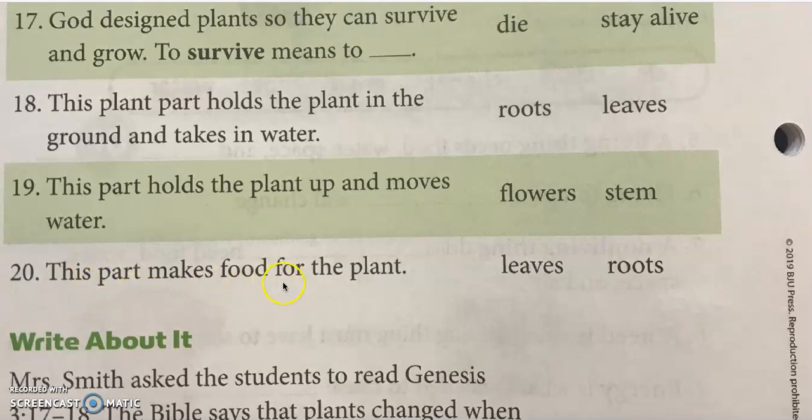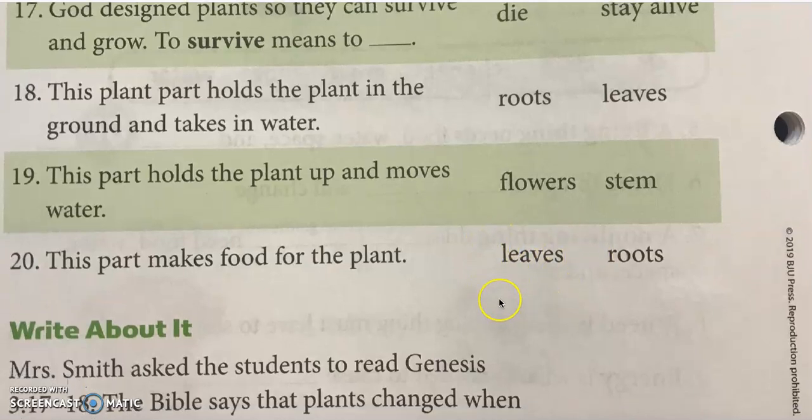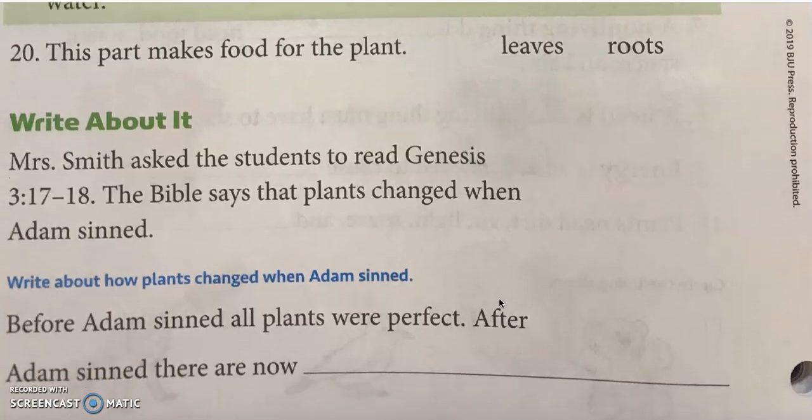This part makes food for the plant. Yes. Plants need air and sunlight to make food for themselves. Of course, water too. And leaves help to make food for the plant. Very good. Okay.